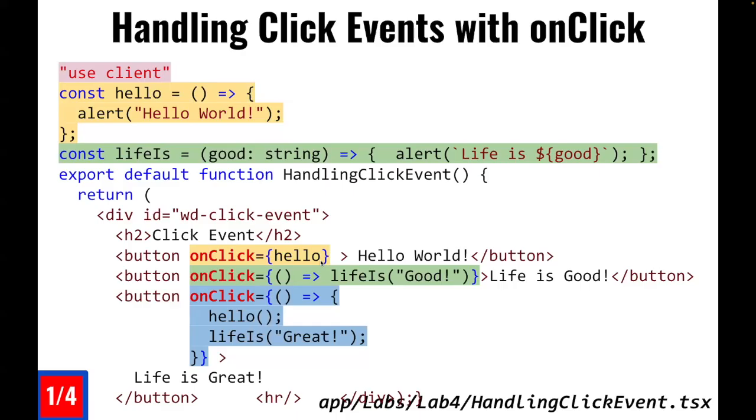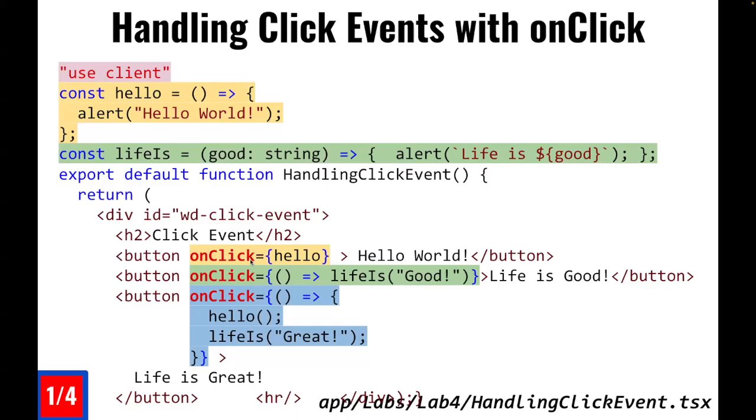And that would cause a state change in the component, which React would interpret as, "Ooh, I need to re-render this component." It will re-render the component, it will call the function again, which causes a state change, which will re-render the component. So it might end up in an infinite loop. So careful: no opening and closing parentheses here. Instead, it's just a reference, the name of the function right there. And this function will only run when you actually click on the button.